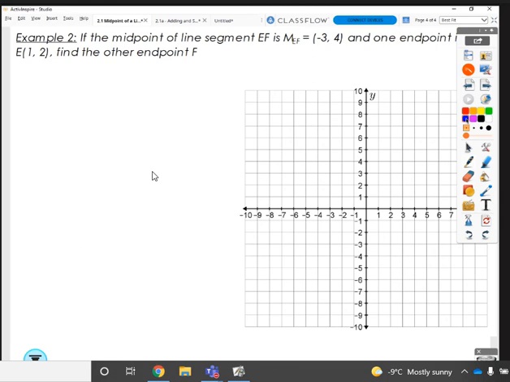We know the midpoint of the line segment is negative 3, positive 4. 1, 2, 3, 4. That right there is the midpoint of line segment EF. And what we know is that the other endpoint is E, 1, 2. So 1, 2. This is E.